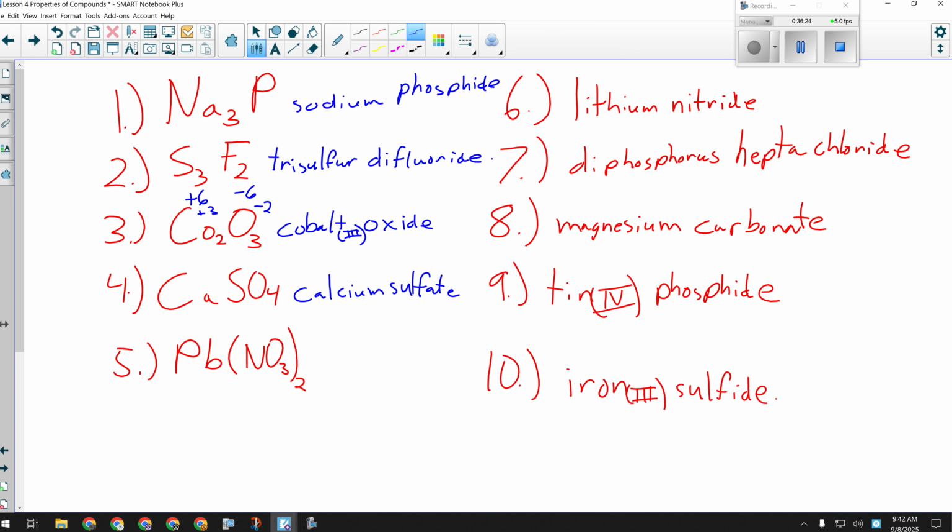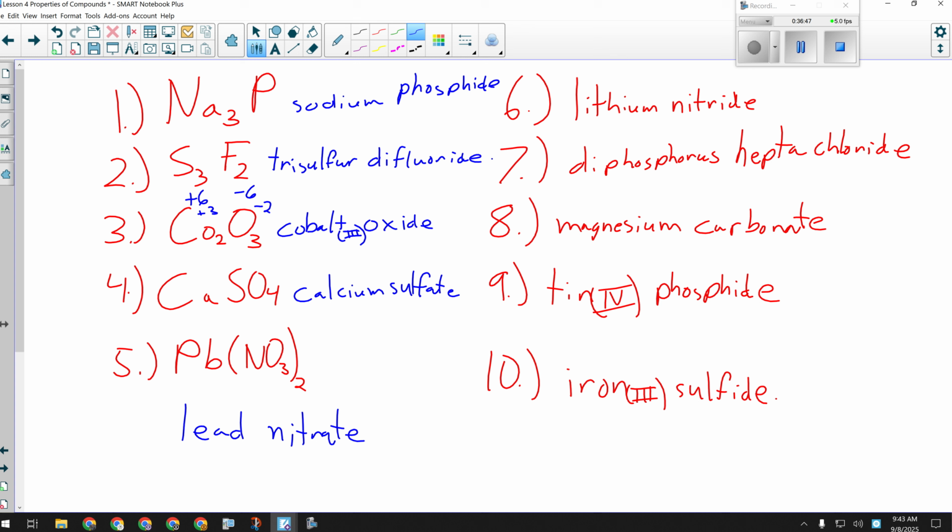Okay. Is the last one ionic or molecular? It's ionic, yeah, lead is a metal, okay? And it's got a polyatomic ion in it. So follow the naming rules. I write the metal, I write the non-metal, nitrate. Okay, does this one need a Roman numeral? Yeah, lead can be a 2 or a 4.